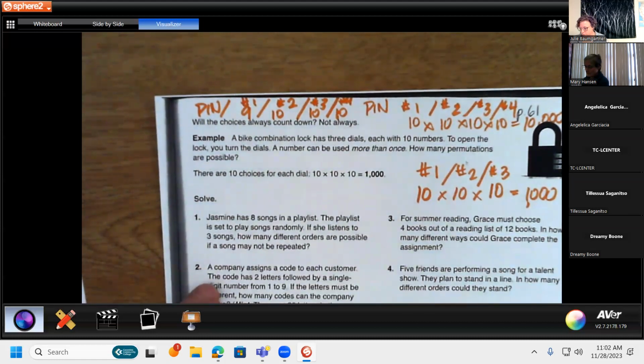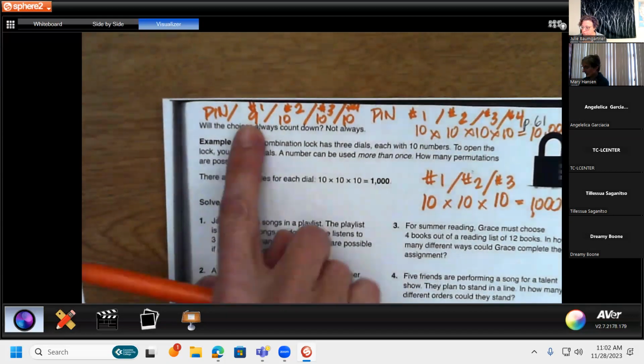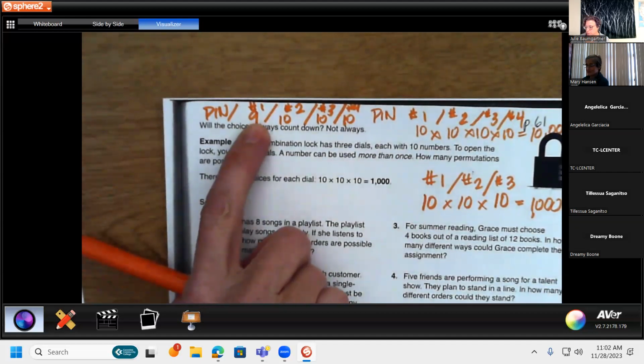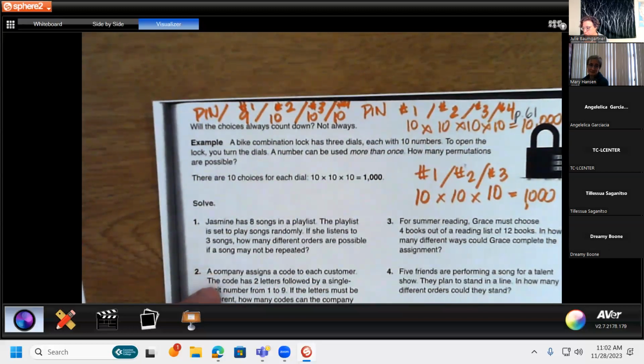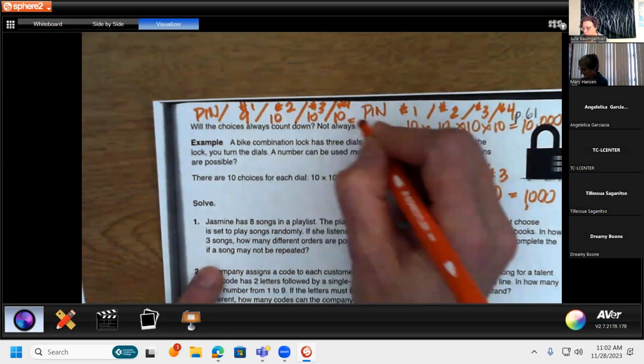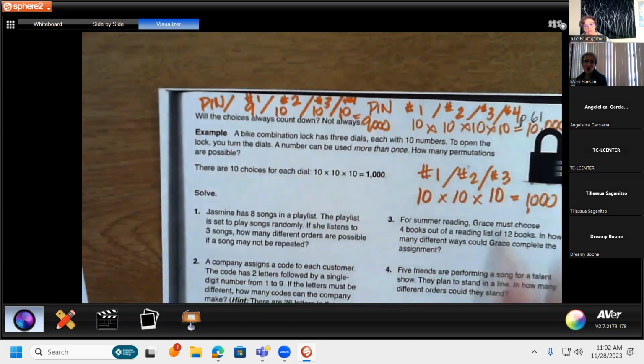And so there would be 9,000 choices for that particular PIN because they eliminated only 1 digit in the first place, and that took away 1,000 possibilities. Okay. So these aren't hard, but you do have to think about what the parameters they give you mean for the numbers as you place them in the spaces.